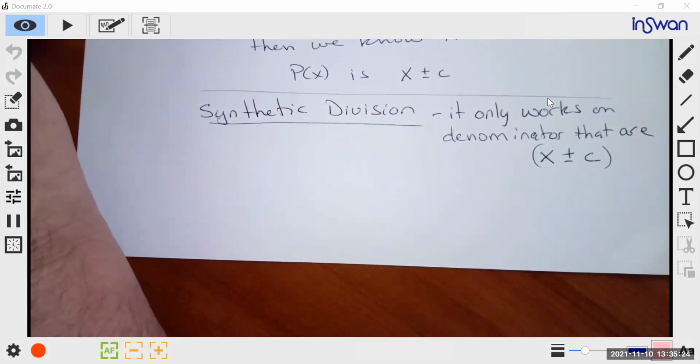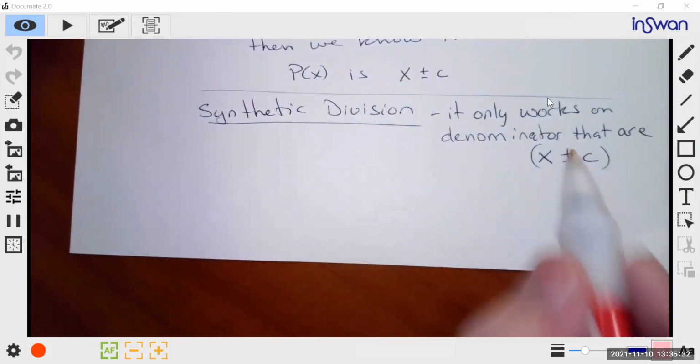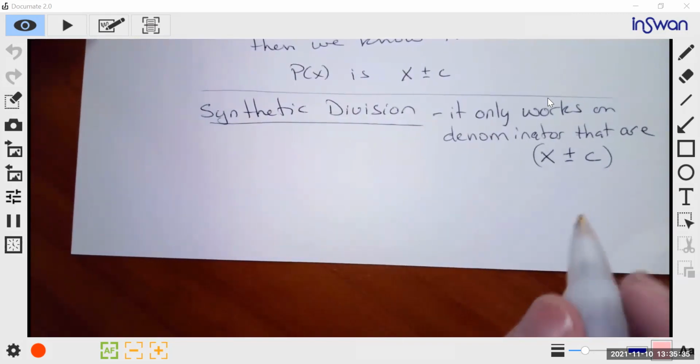In other words, the x in the denominator cannot have a coefficient or an exponent. It just has to be an x plus or minus a number. If that's the case, then we can use synthetic division.